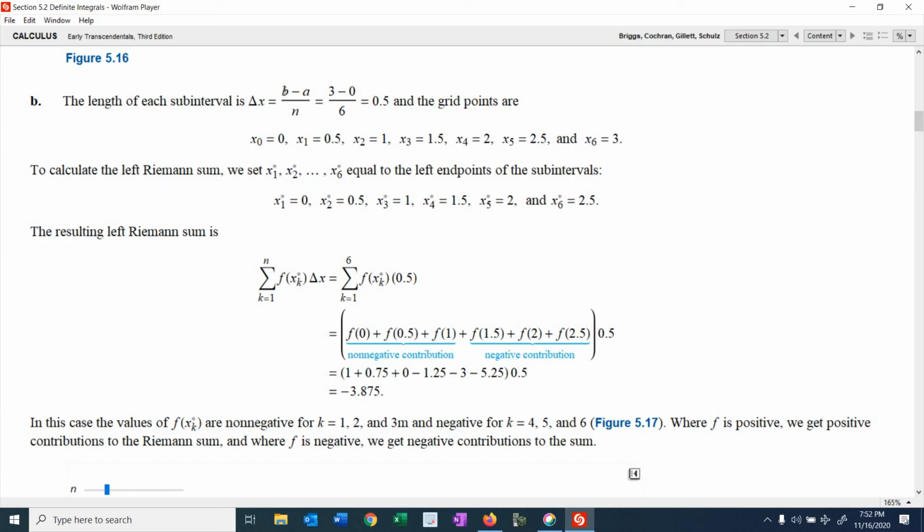In this case, it's 3 minus 0 divided by 6, because we're creating 6 subintervals. That means the width of each subinterval is 0.5. The grid points start at 0, our left endpoint, and go up by 0.5 until we stop at 3, our right endpoint.